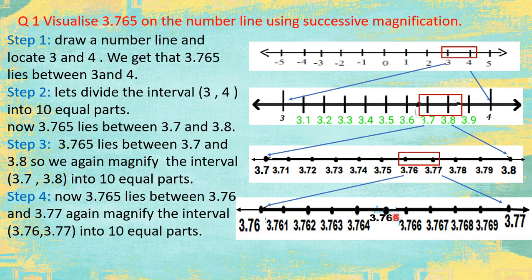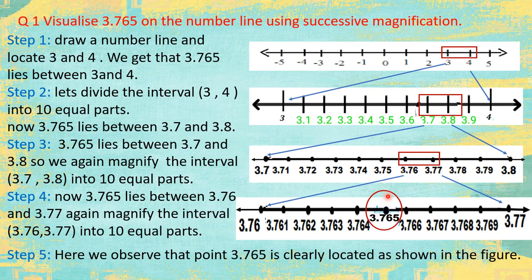Now what we observe here, the number which we have to visualize, 3.765, exactly we are getting here. So we can say this position represents 3.765. That means the point 3.765 is clearly located at this point.